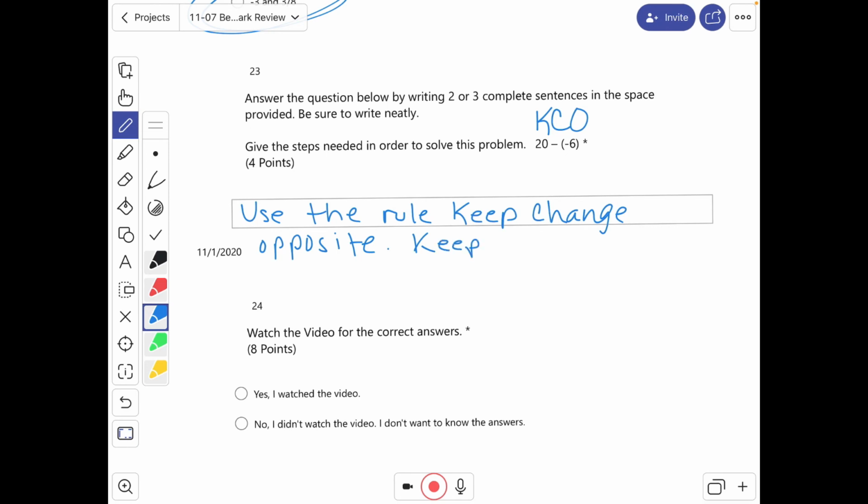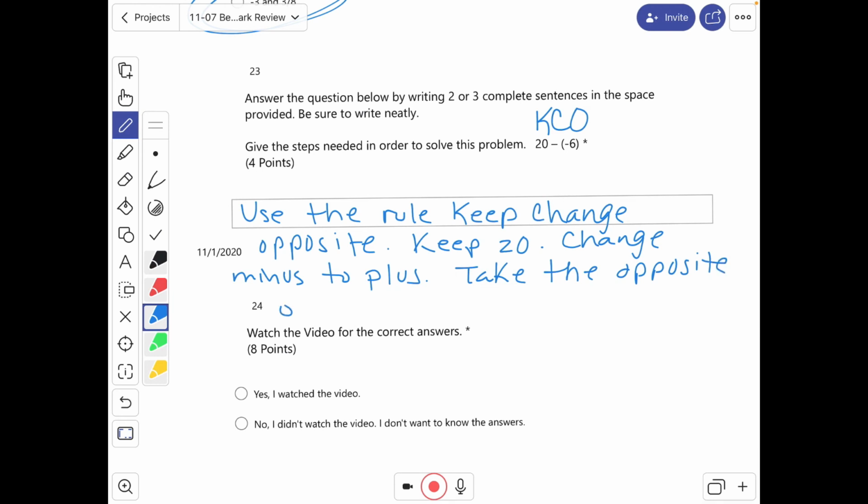So like keep 20, change minus to plus, and then take the opposite of -6, which would be +6.